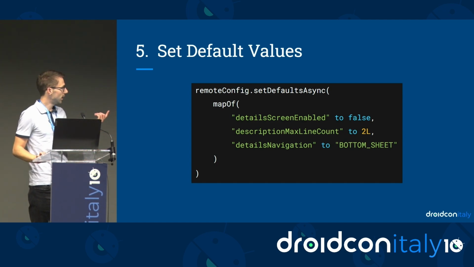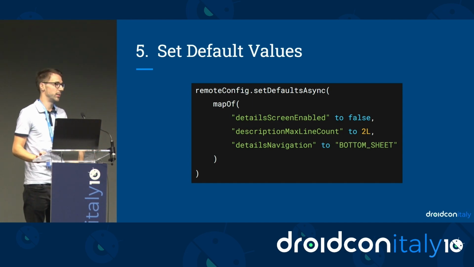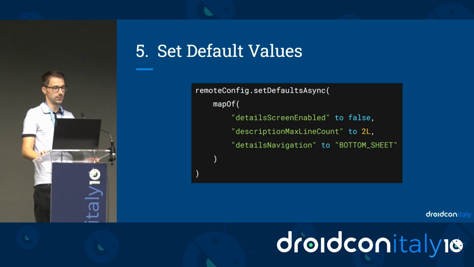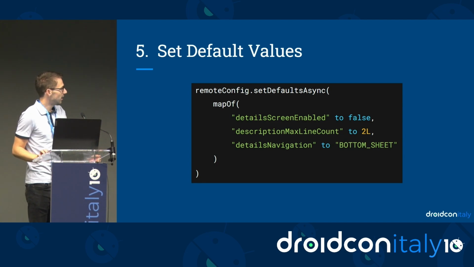You can either do that as a map in Kotlin, or you can also define it in XML and provide a reference to the XML. So here we have the first feature flag, for which we created the parameter earlier. We have another one that's long type, and then another one that's a string.